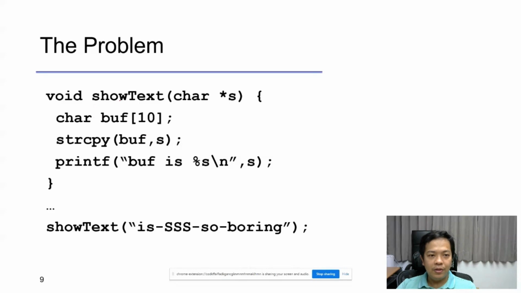It uses the argument char s, and declares a variable buffer of only 10 bytes, and uses strcpy to copy from s, the input from the keyboard, into the buffer, and prints this string to the screen.